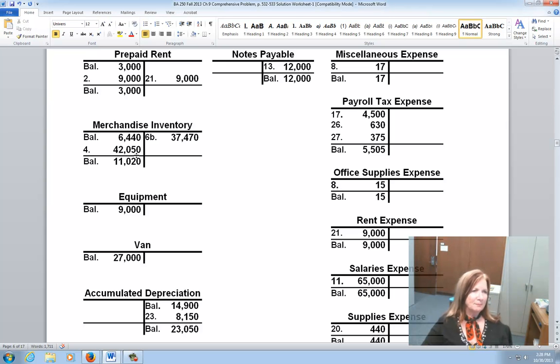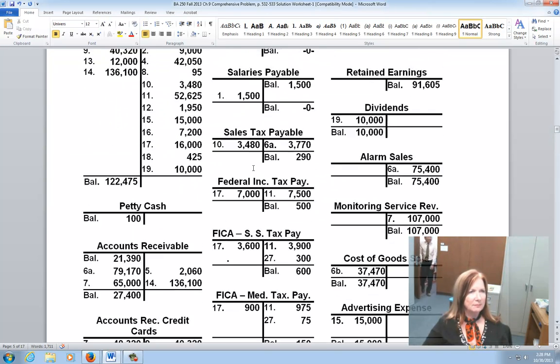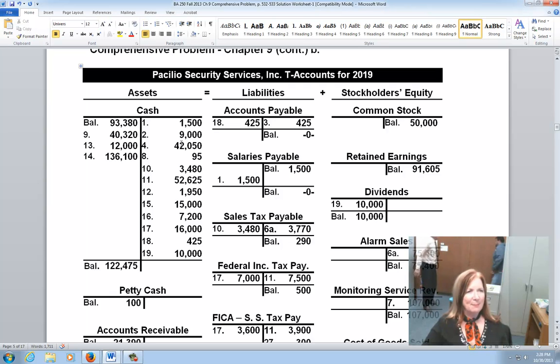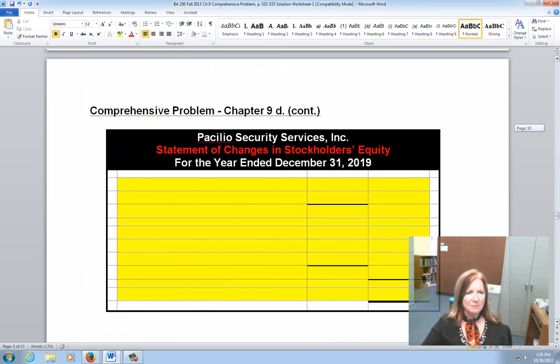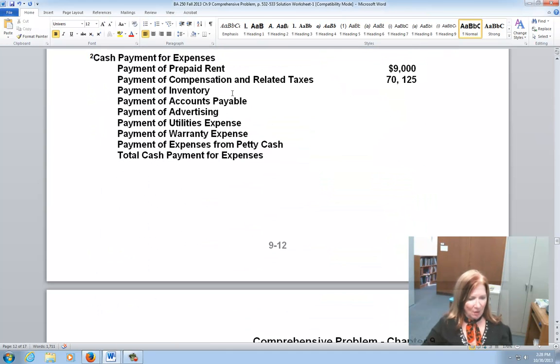So when we look there, we have 42.5, and we find that being paid for right here in entry number 4, 42.5. So we're going to put that in under our payment for inventory. $42,050, and see how I can do about moving this thing over.